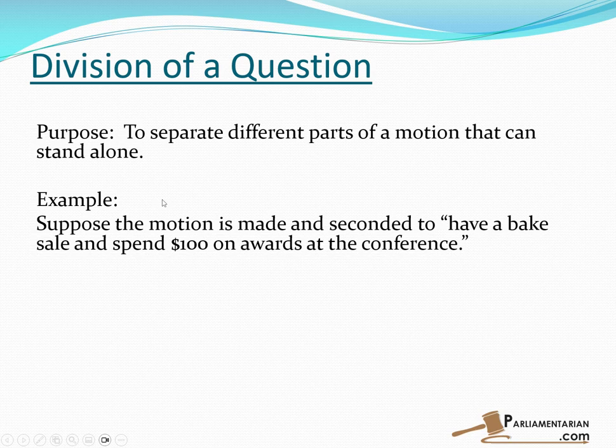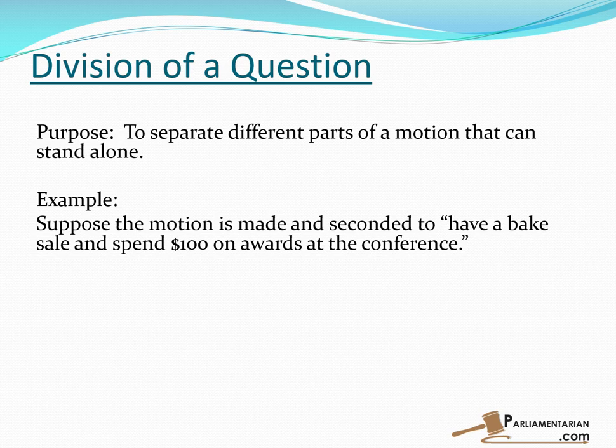It is also amendable. So, suppose someone has made a motion and seconded to have a bake sale and spend $100 on awards at the conference. Now, it may have been the idea of the maker that we're going to have a bake sale, and then we're going to use the money on awards at the conference. But we can't really assume that. We don't know if the organization already has $100 or not. Let's assume that they do.